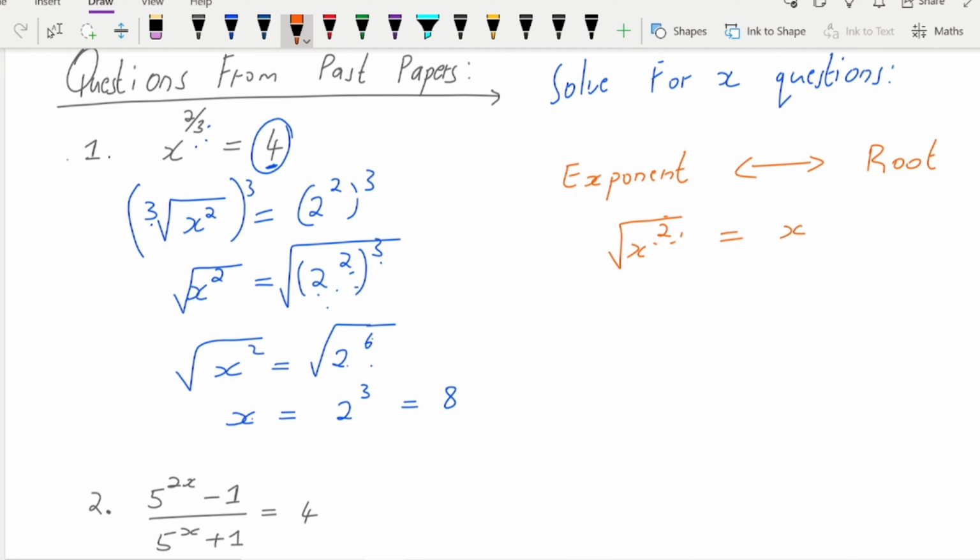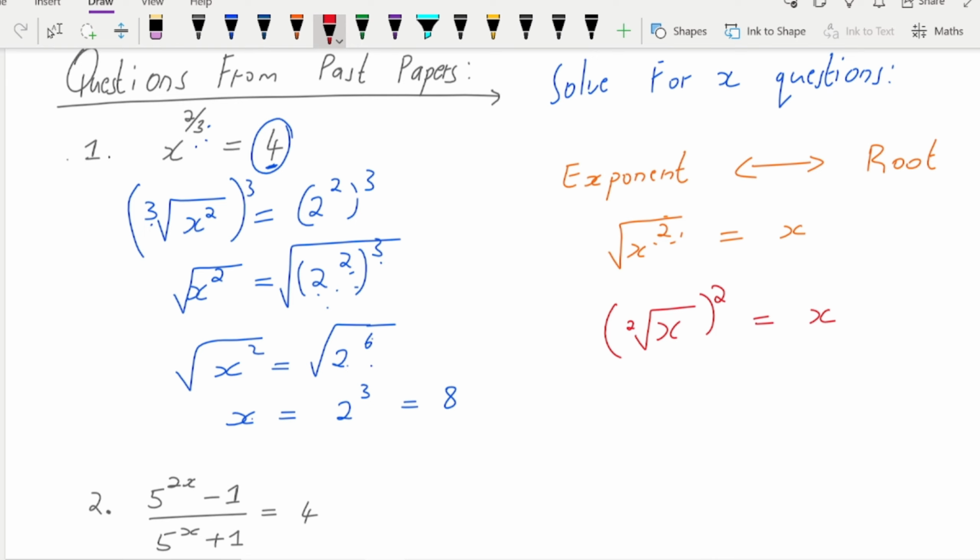And if you have this, since this is 2 here, you can remove this also by squaring to get x. So they are inverse operations of each other.